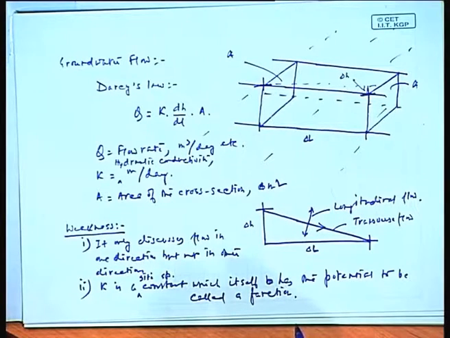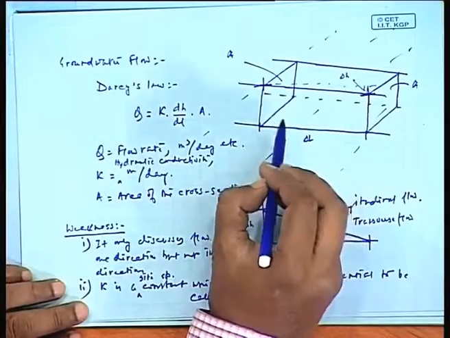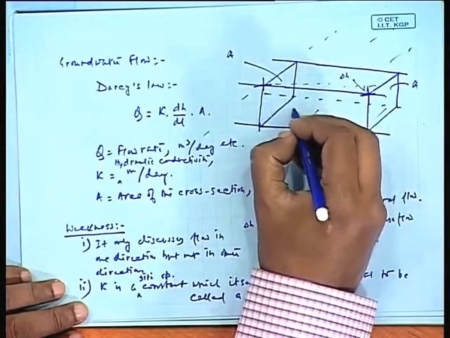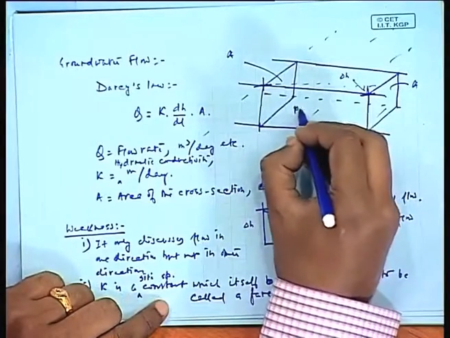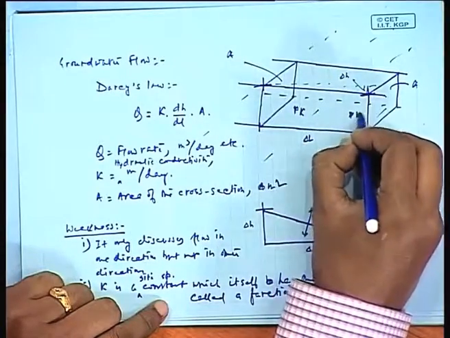You can see what it says is that K at this point and K here and K here are the same.